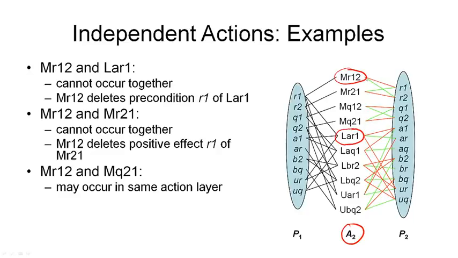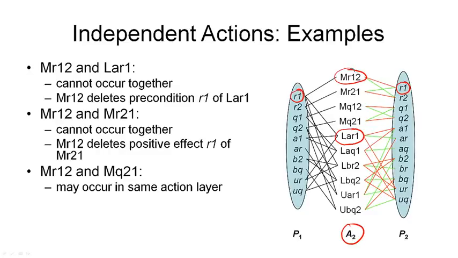And what we see here is that MR12 has a negative effect R1, so it deletes the fact that the robot is at location 1. But if we look at the other action, LAR1, that has a precondition R1. So what this means is one action deletes a precondition of the other action, which means these two actions cannot be executed in parallel. These two actions are dependent.